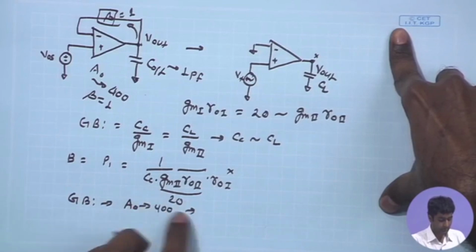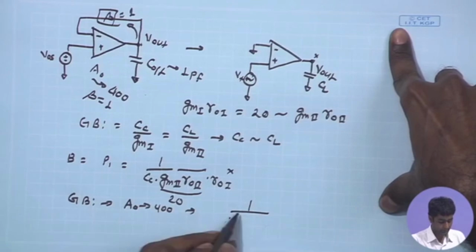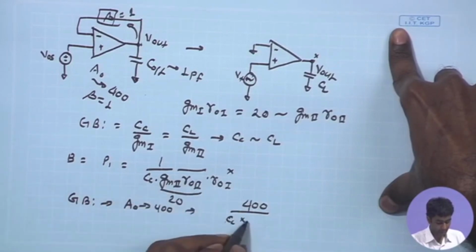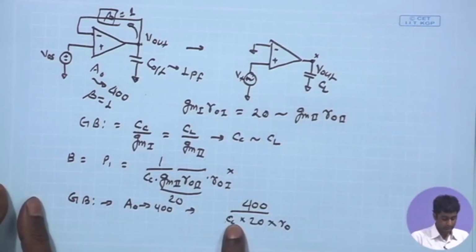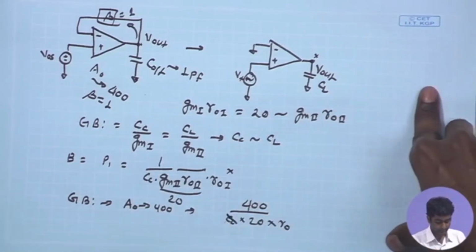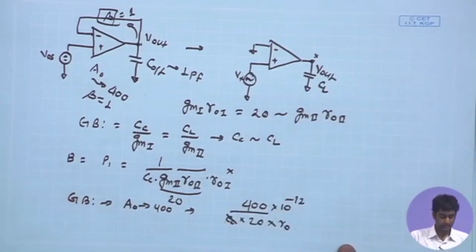So, the overall gain bandwidth product that we are going to get is 400 divided by Cc, which is also known, and the GM RO times RO 20 times RO, and the Cc value is also known to us. We are saying it is around 1 picofarad, so we have around 10 to the power of minus 12 over here.